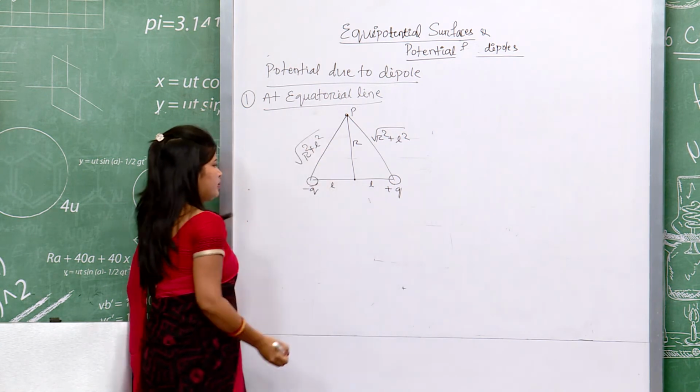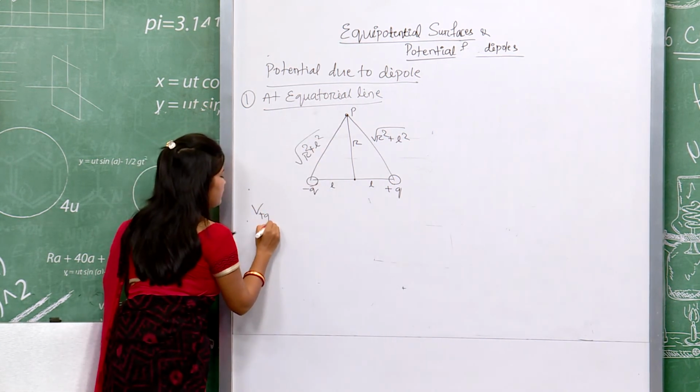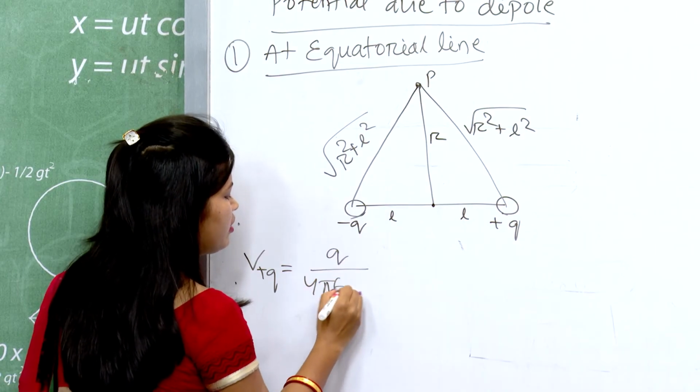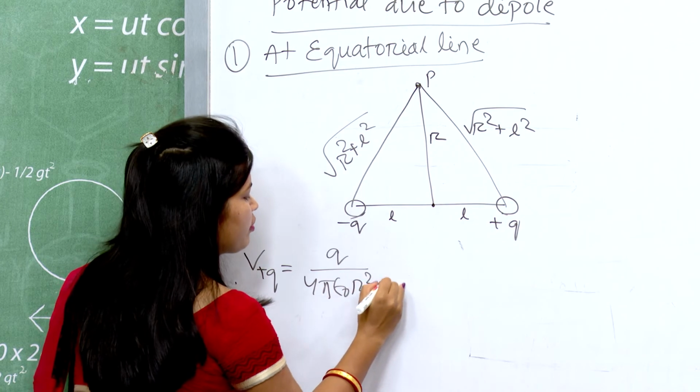Then potential due to plus q is equal to q upon 4 pi epsilon naught times square root of (r square plus L square).